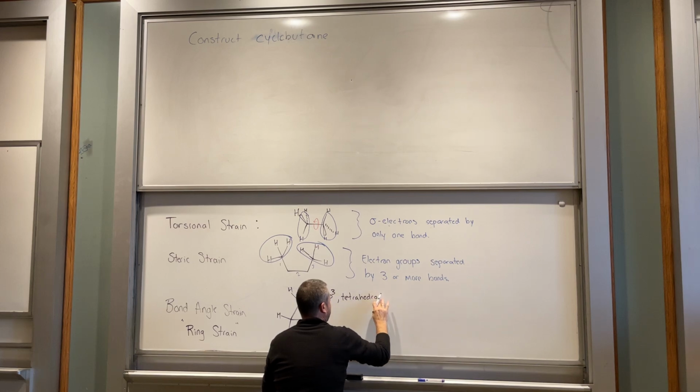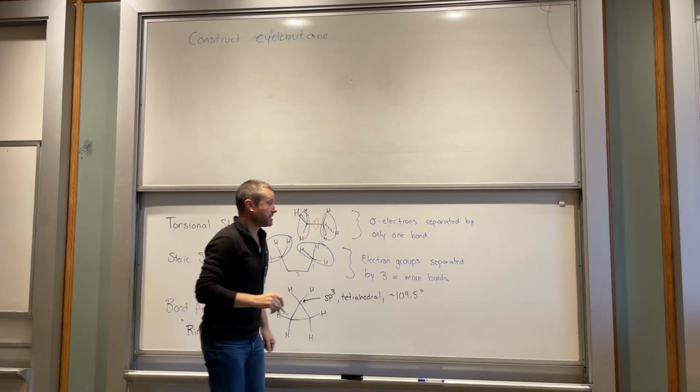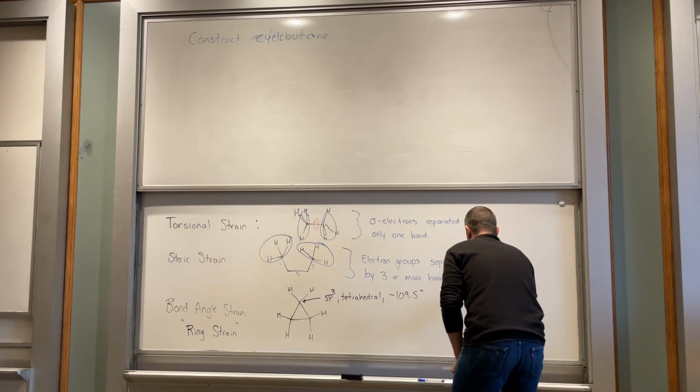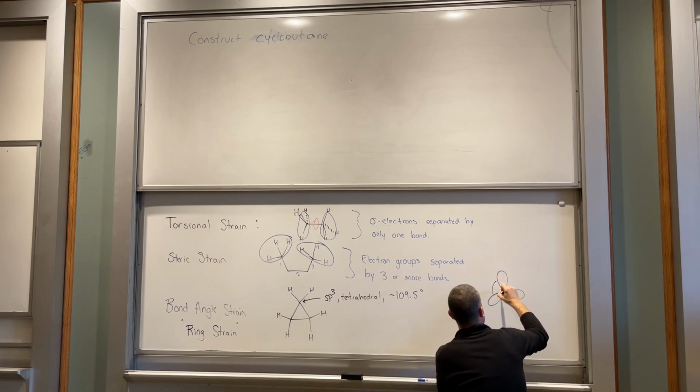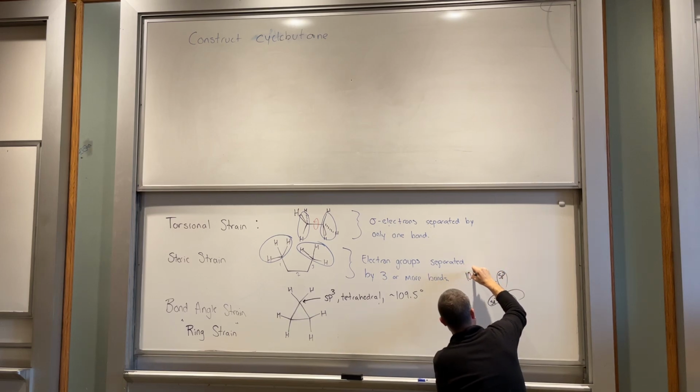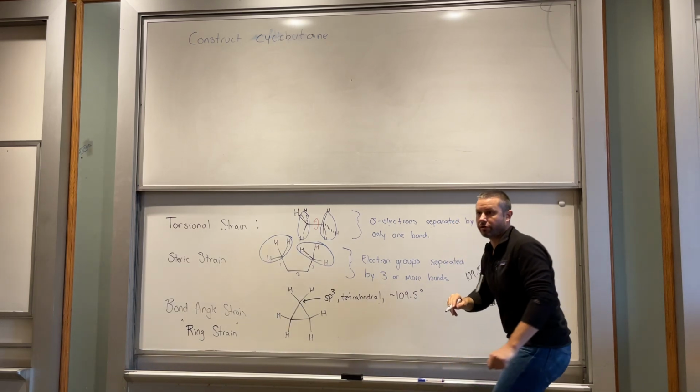Which means that in a tetrahedral system, those bond angles should be around 109.5 degrees. That's based on the fact that whenever we have an sp3 center, the orbitals radiating from that center are coming off at exactly 109.5 degrees.